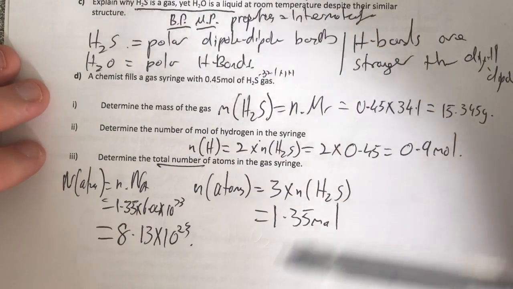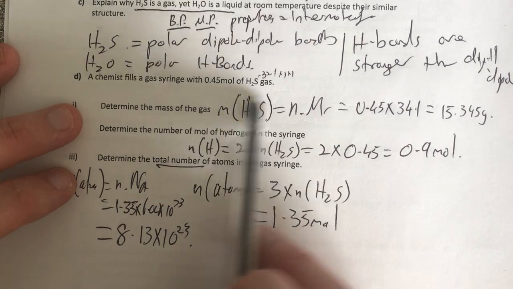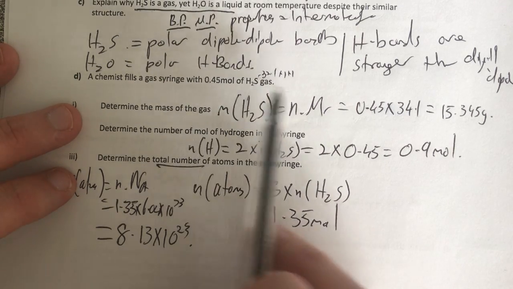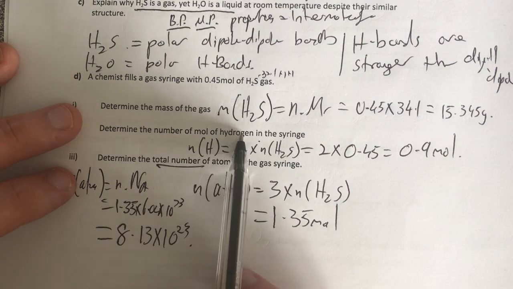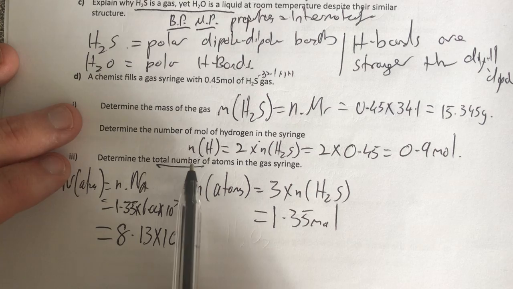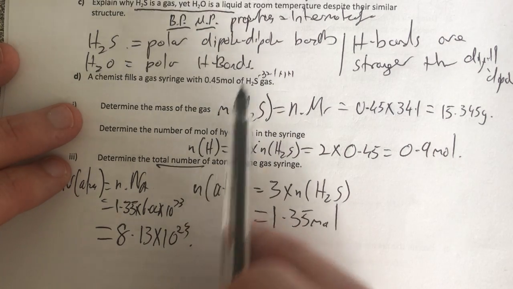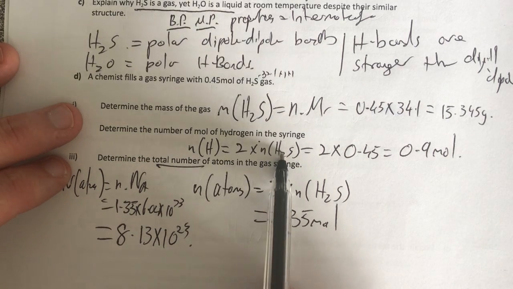Going through it again and looking at it a bit slower, determine the mass, I write down my formula. I work out my mass is my number of moles times my molar mass. Take that in there, work out the molar mass of that. Gives me this. Number of moles of hydrogen, I write down the fact that I want to find number of moles of hydrogen. How is hydrogen related to this? Well, it's 2 times that because there's 2 hydrogens in every one molecule.